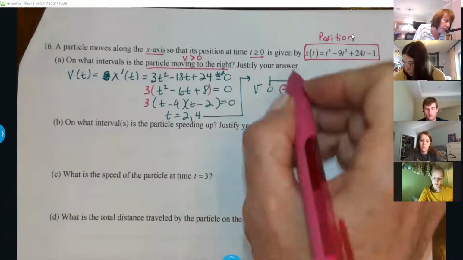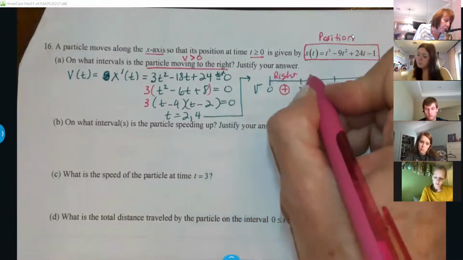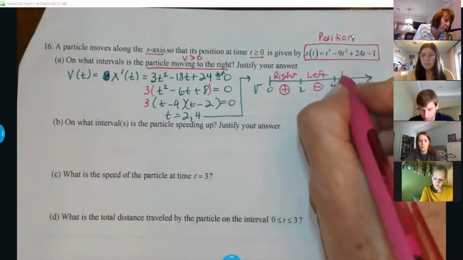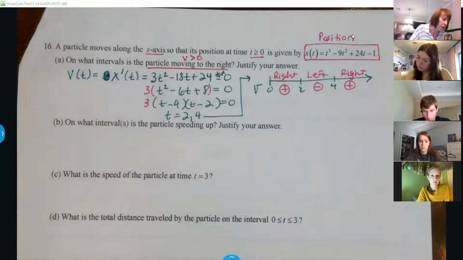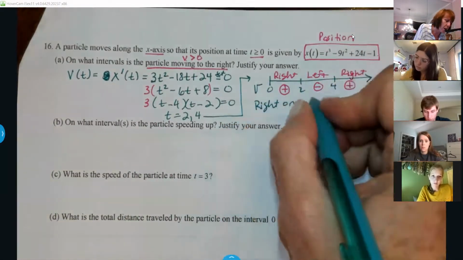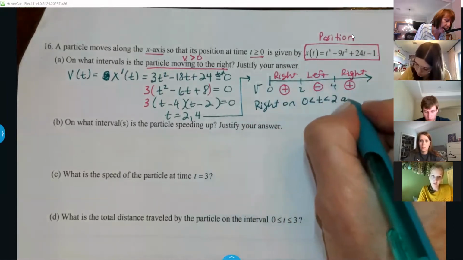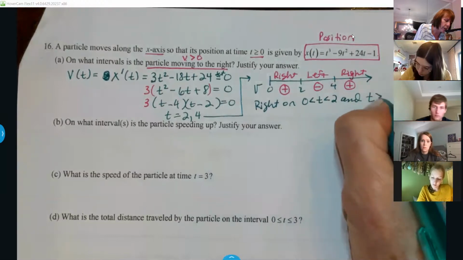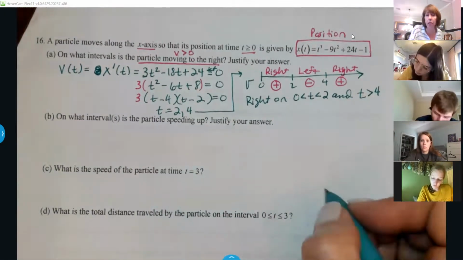Okay, so on this piece, we're moving to the right. On this piece, we're moving to the left, and then we're going to move to the right afterwards. So the particle is moving to the right on 0 to 2 and greater than 4, or you can say 4 to infinity.